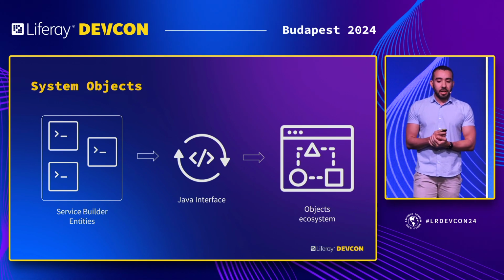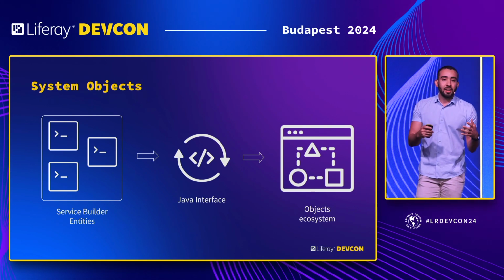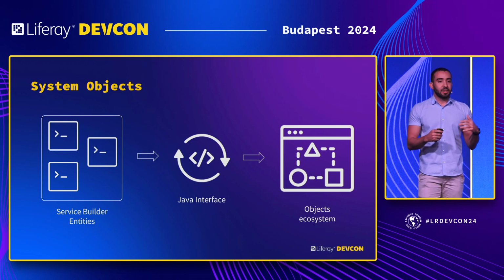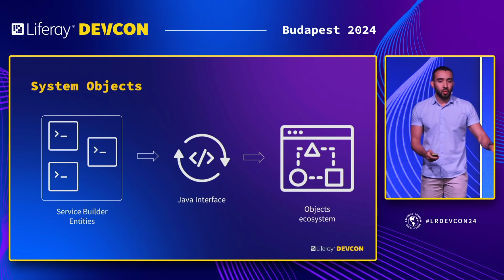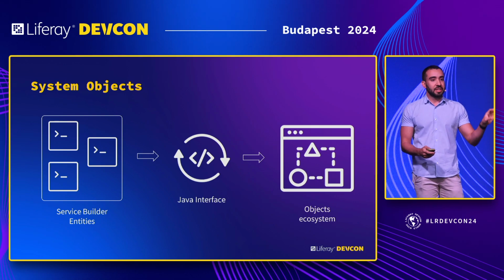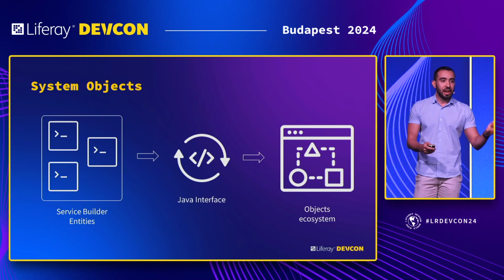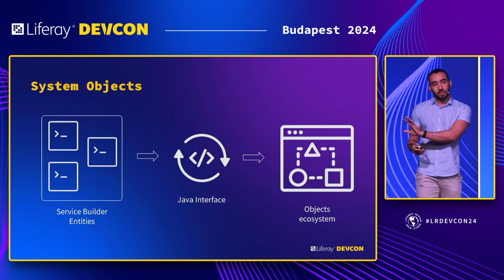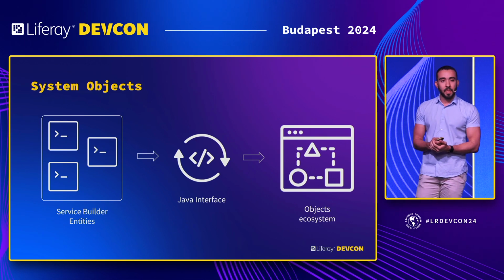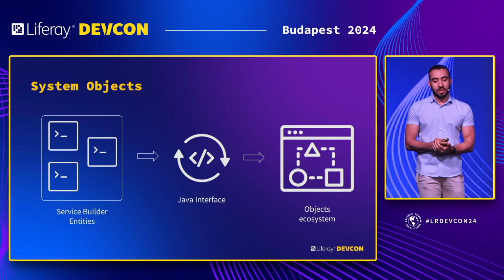So we can relate objects, we can create validations, we can create actions for it, and all of your code will be there. The local services, your custom code, everything. It's just an interface to make it available to interact with objects.